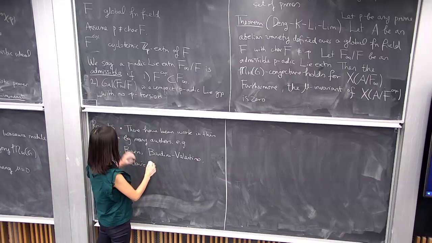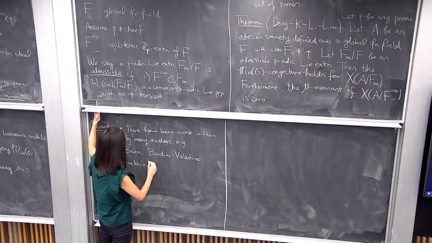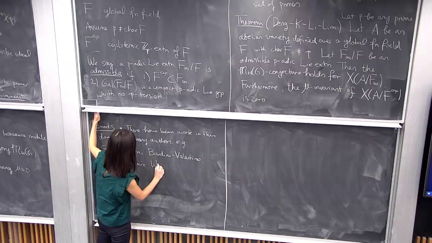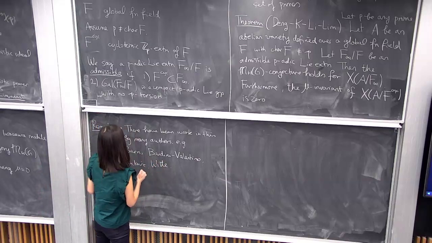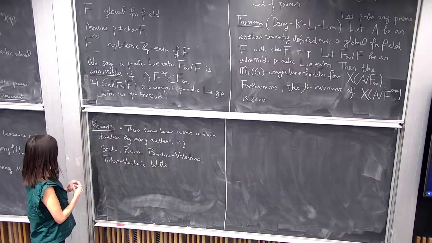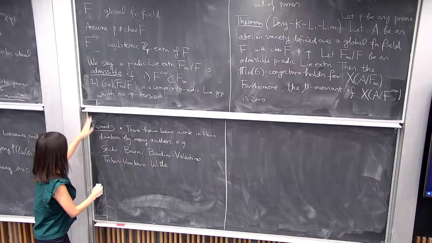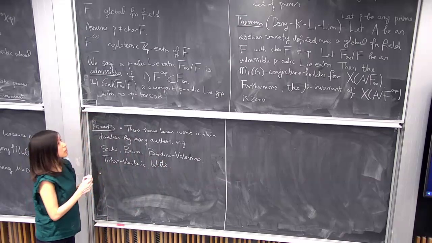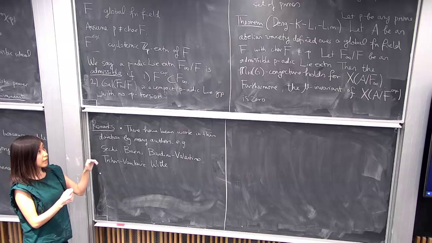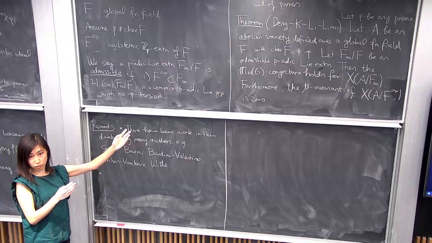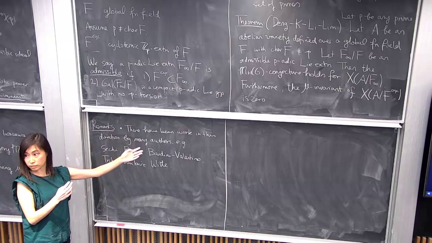But there is a non-commutative version due to Witte, who obtained similar results using completely different methods. But this theorem in particular tells us that Mazur's conjecture holds in this setting for abelian varieties over global function fields.